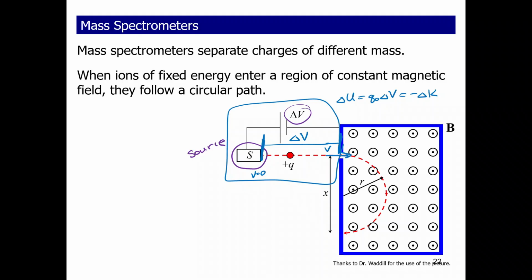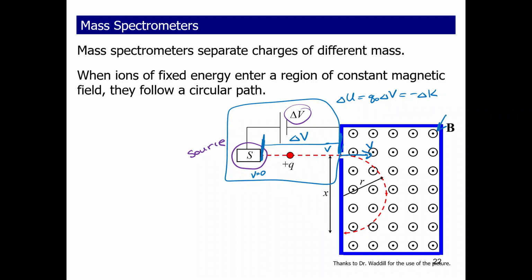Or if we don't know what the speed of our particles are, we could use the fact that we're going to get a curving motion out of this. Because once we have our particles up to speed, whether it's accelerating them through a potential difference or moving through a velocity selector, these charged particles are going to enter this field with a velocity.